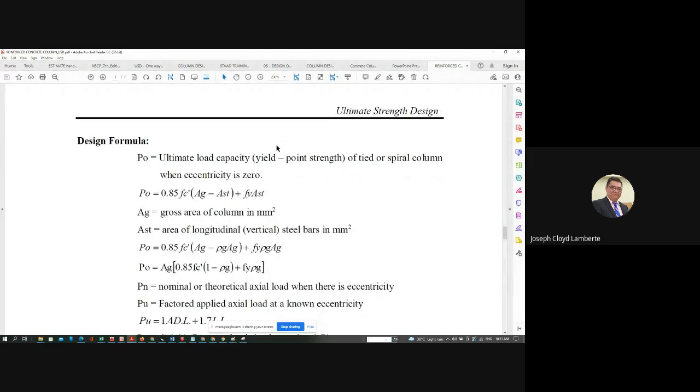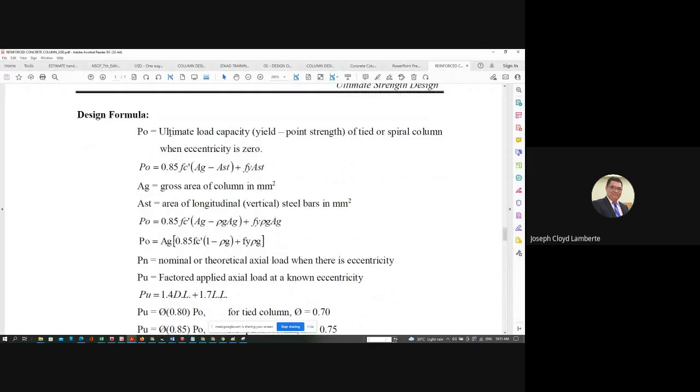So the design formula. We call it PO, the ultimate load capacity of your column: 0.85 f'c times the area of the concrete. The area of the concrete is the gross area minus the area of the steel, since you subtract the area of steel.